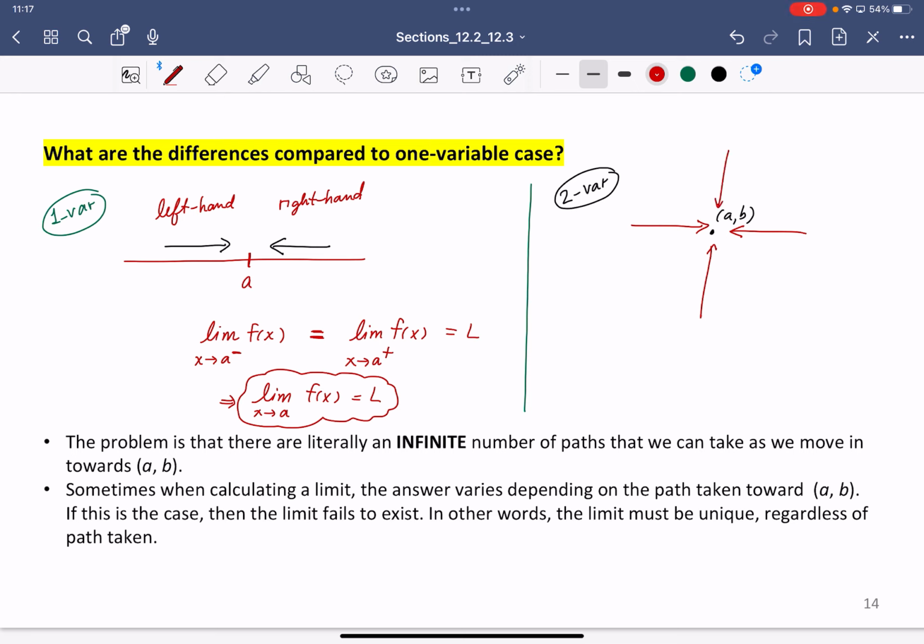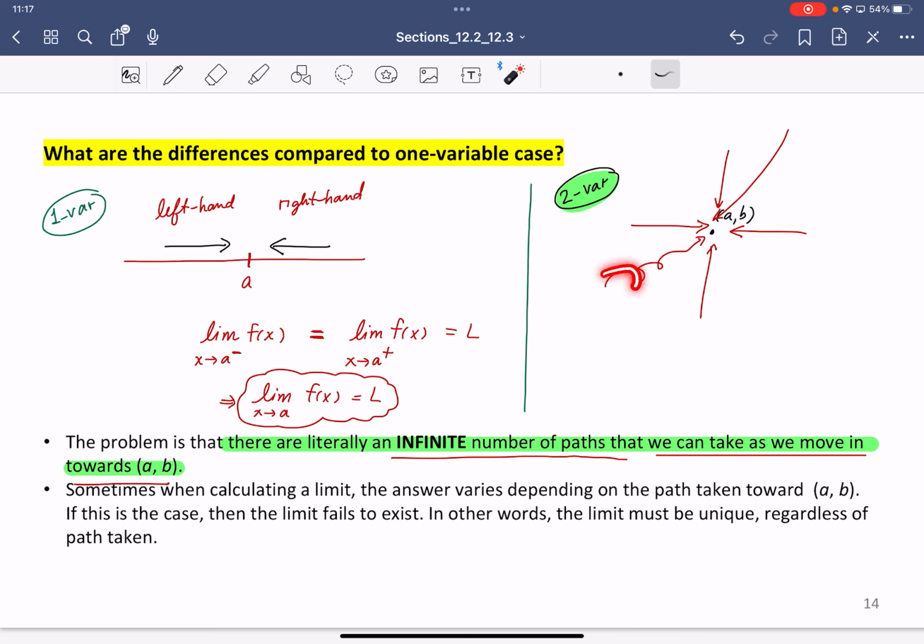So in two variables, there are literally an infinite number of paths that we can take as we move to (A, B). You can have this line, this line, this line. There are a lot of lines here.